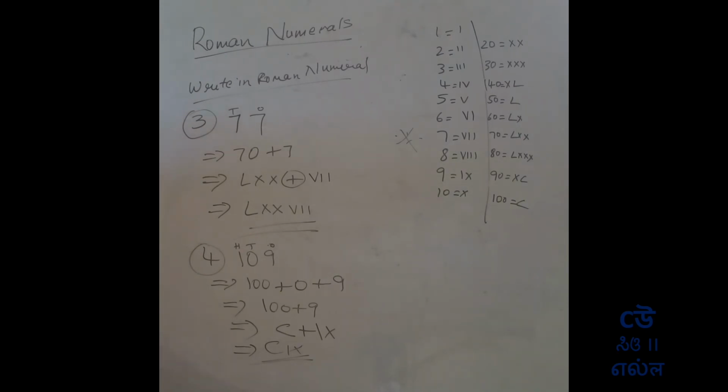Understood children? If they tell us to write a Hindu numeral in Roman numeral, this is the Hindu numeral, this is the Roman numeral. If you give a Roman numeral and tell us to write it in Hindu numeral also, you can easily write it. Okay.